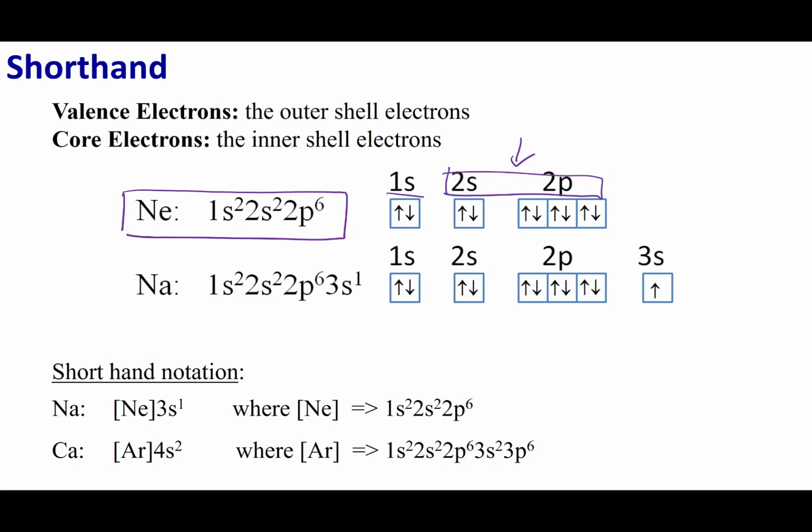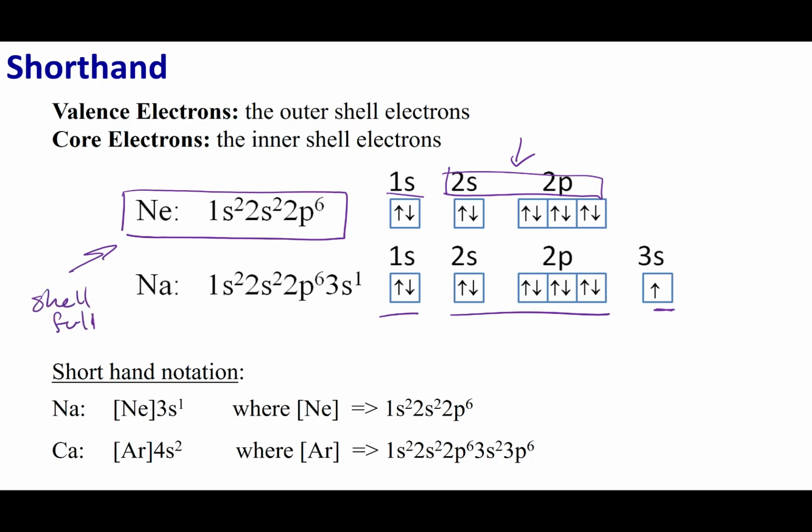If I look at sodium, I can say it's 1s2, 2s2, 2p6, 3s1. What I can see is n equals 1 and n equals 2 are filled, but then I don't fill my highest shell. So I can use a shortcut. Every noble gas has its shell full.